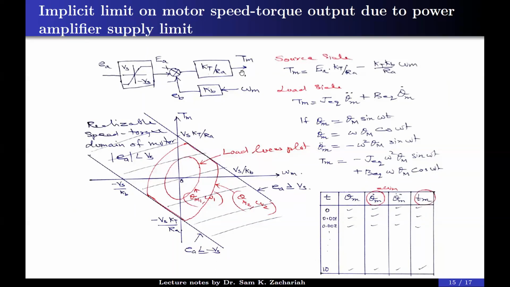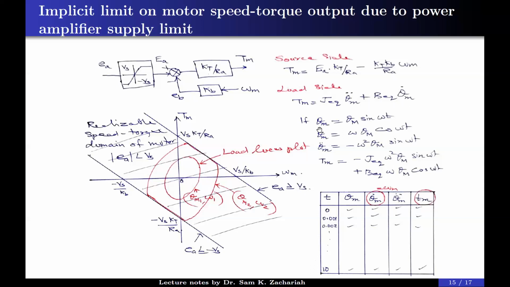If you assume that the motor is driving only an equivalent inertia and equivalent viscous damping, with no stiffness element and no friction, then you can say that Tm is equal to (J equivalent S square plus B equivalent S) into theta m. So I converted the S square and S multiplication to the corresponding differentiation operation. So in time domain, you can write Tm is equal to J equivalent theta m double dot plus B equivalent theta m dot.